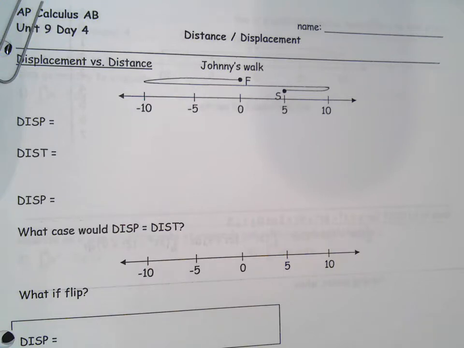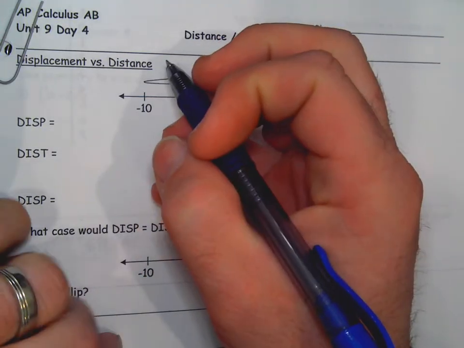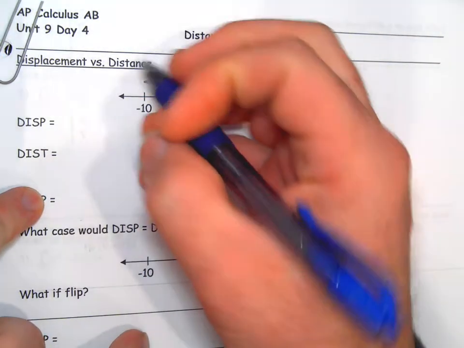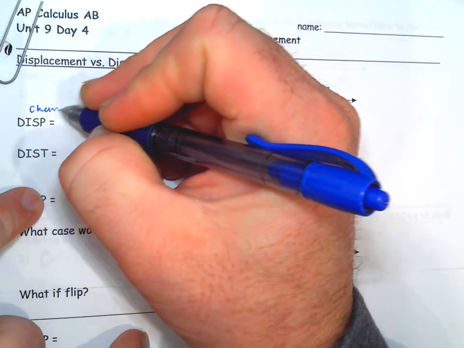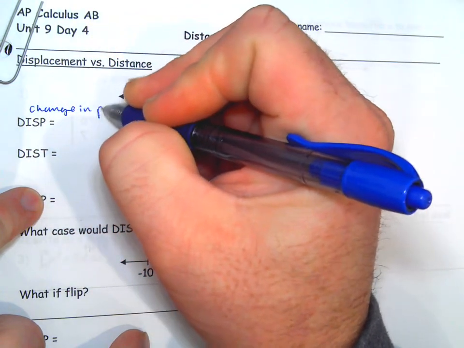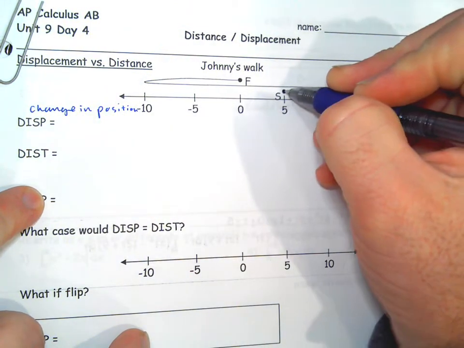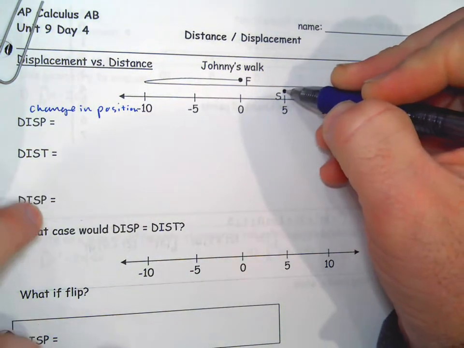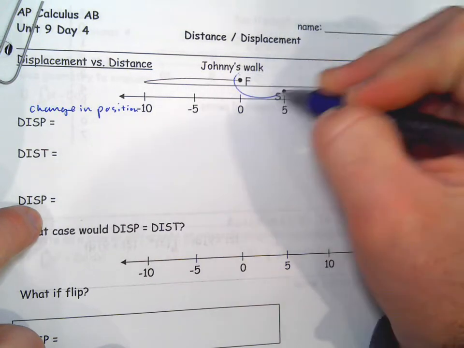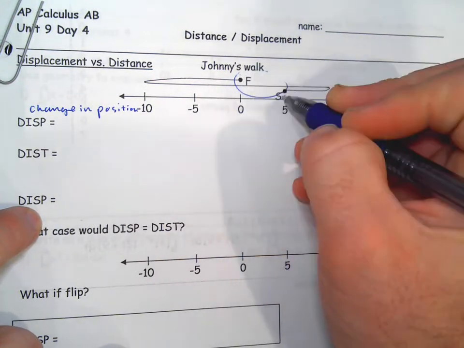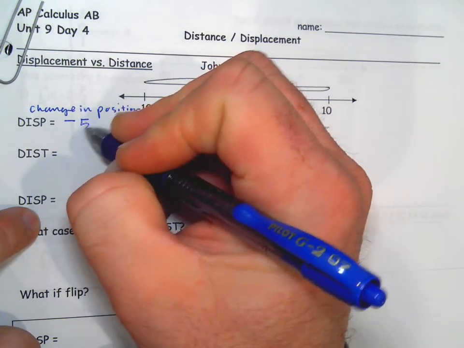We're going to talk about the idea of distance and displacement. Displacement is the total change in position, the overall change in position. So if we're looking here, from start to finish, the finish point is -5 behind the starting point.